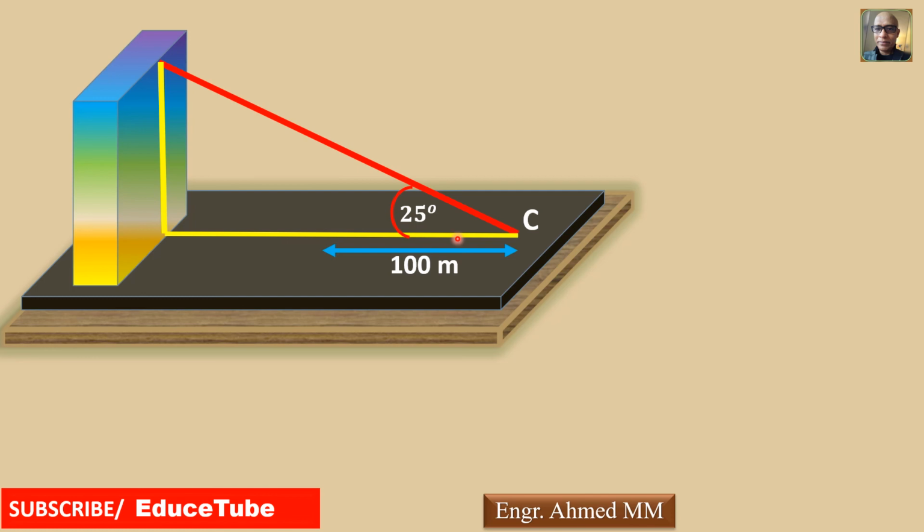Then he will measure again the angle of elevation, at an angle of 50 degrees. And this second position is at a distance of x from the face of the building.